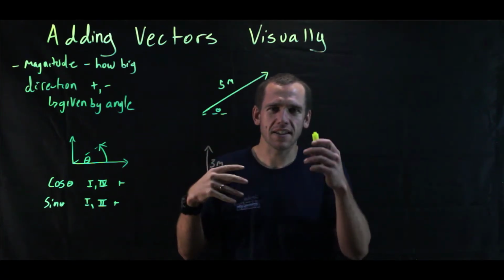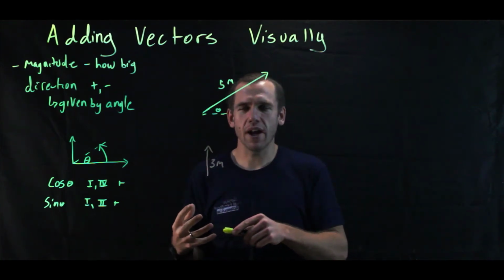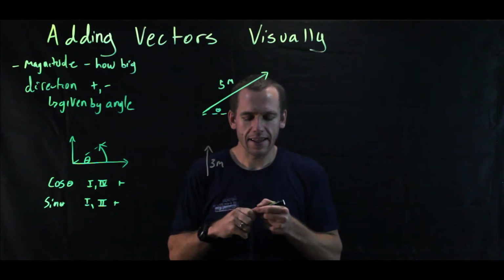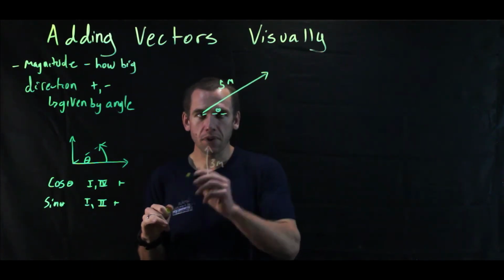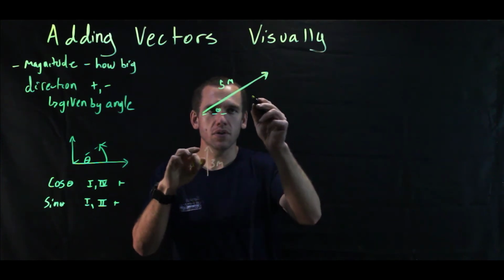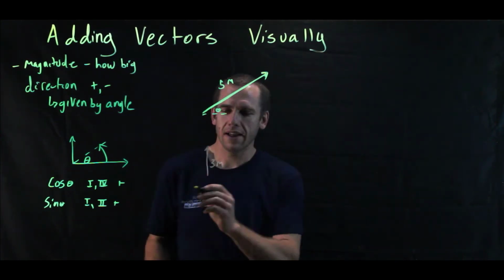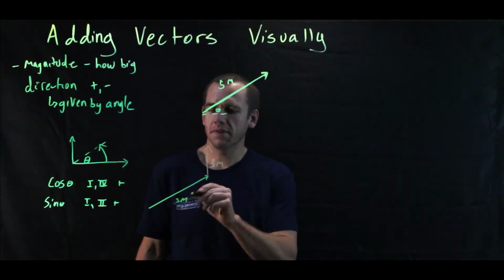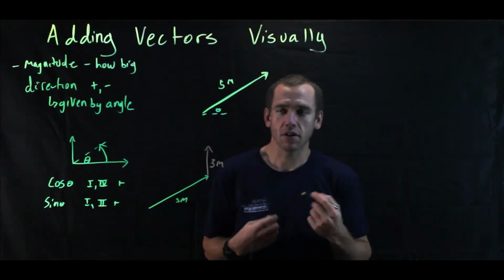So I can slide vectors around so that I can visually manipulate them and add them up tip to tail. And so this 5 meter long vector could also slide down, as long as it stays parallel and the same length. This 5 meter vector and that 5 meter vector are identical.